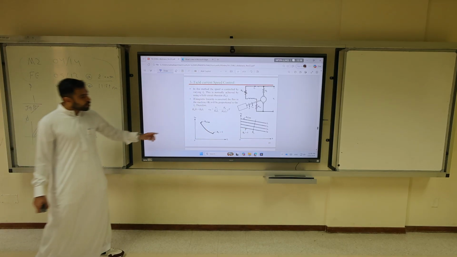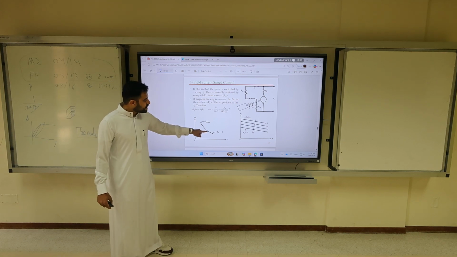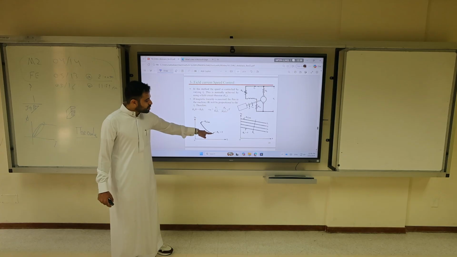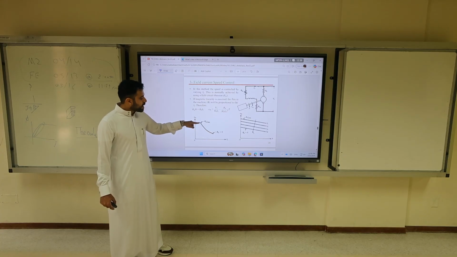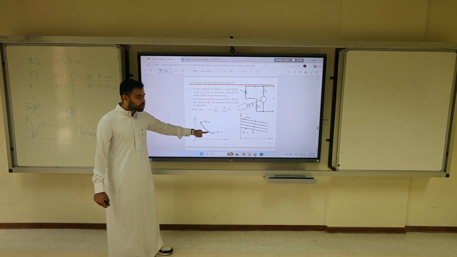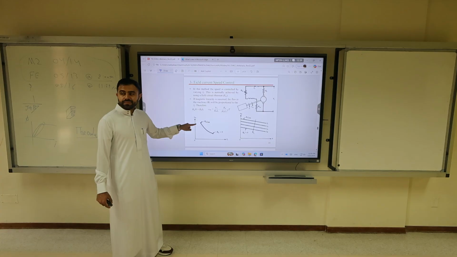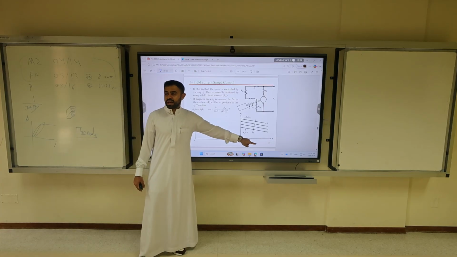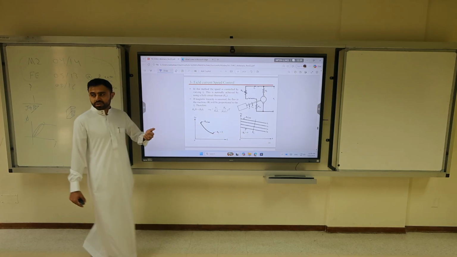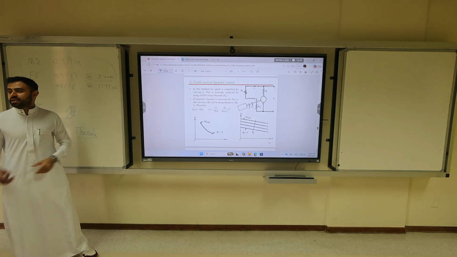So if you do the locus of the resistance, you notice that you start with RFC 0. If you increase it, you're going to have larger omega, smaller IF. So this is the locus control of changing the RFC. This is the locus control of IFC. I'm not going to ask you numerical questions, but try to understand.